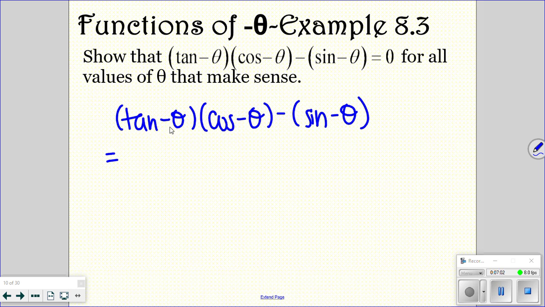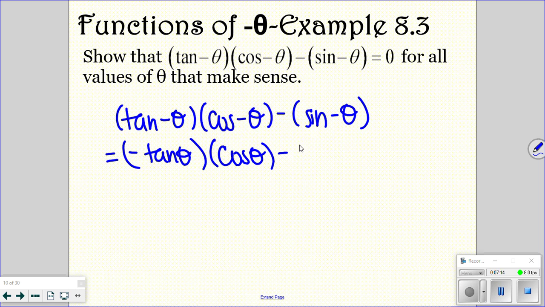After you have it written down, you start trying to simplify it. Tangent of negative theta is just negative tangent of theta. Cosine of negative theta, the negative disappears to become cosine of theta. And sine of negative theta is going to be negative sine of theta. That's the first step, to make the negatives disappear. After that, we want to simplify. We can't really simplify this sine, but we can make it plus sine of theta.